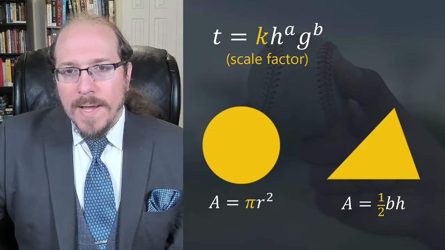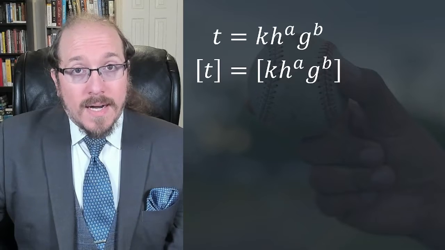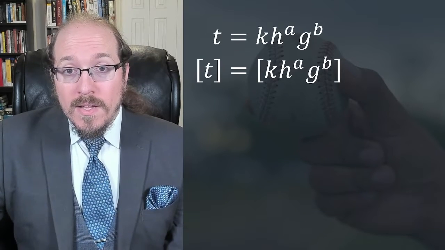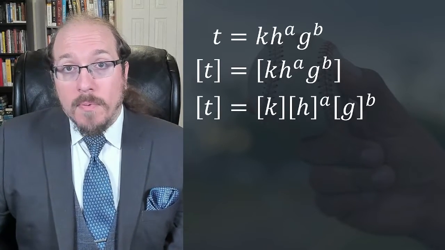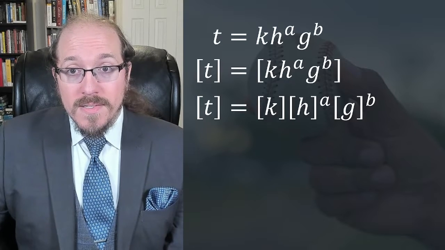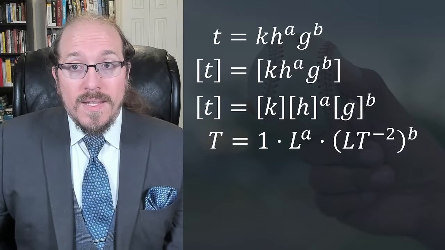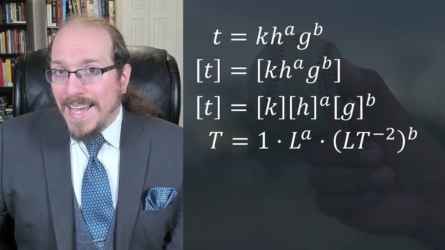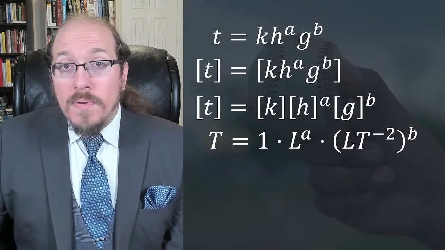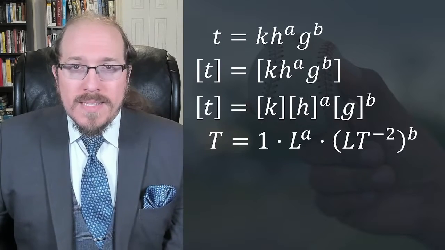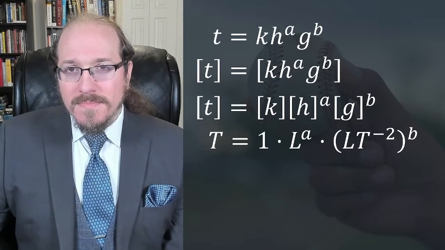Now, since we have an equation, the dimensions on both sides need to match. So we can use our basic rules of dimensions to break it down into its individual pieces, and then substitute the dimensions we know into the equation. Since our scale factor k is dimensionless, we put its dimension as 1, so it doesn't end up factoring into the equation.